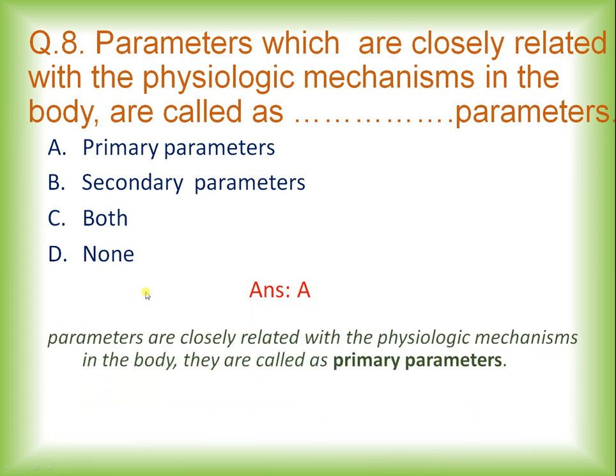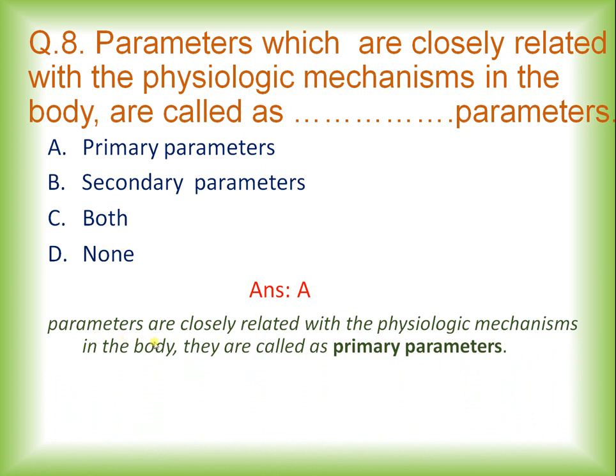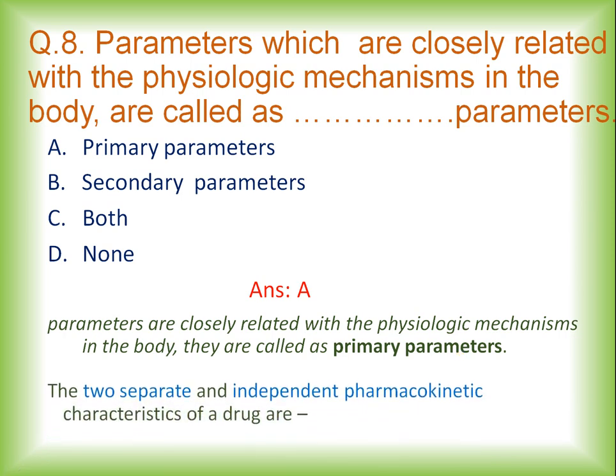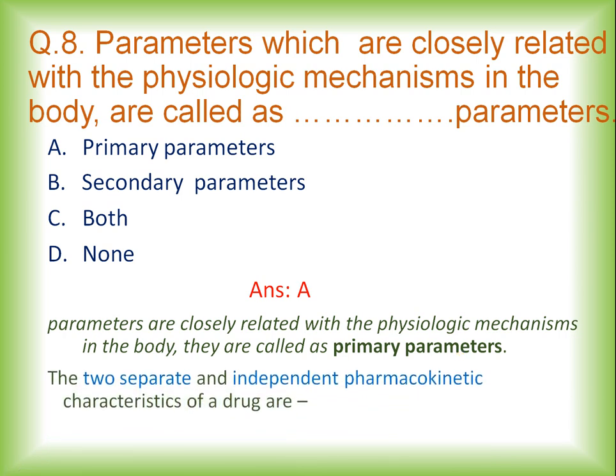Now, parameters which are closely related with the physiological mechanisms in the body are called primary parameters. And these are the two important parameters which are also independent pharmacokinetic parameters, which include Vd, that is apparent volume of distribution, and Cl, that is clearance.